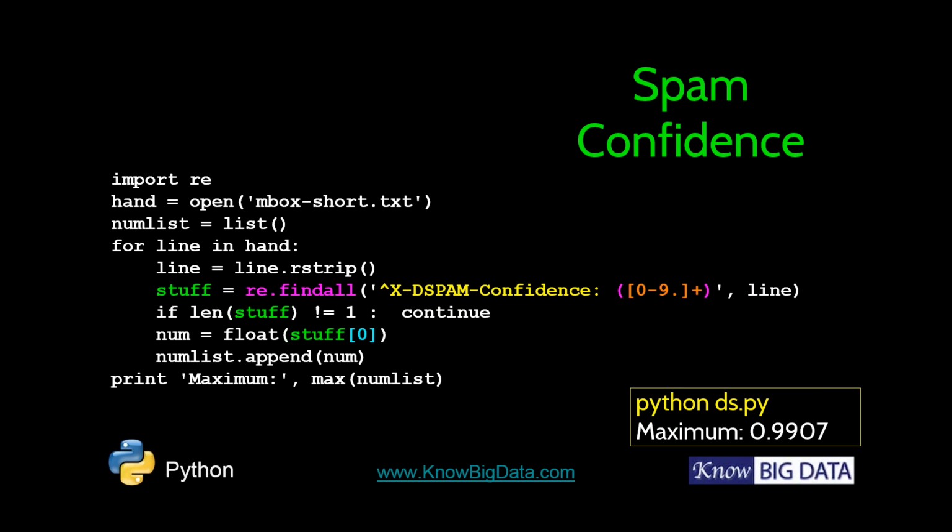So we're reading a file, and in that file we are reading all the lines, stripping the white spaces at the right side, and then figuring out the lines which start with X-DSPAM-Confidence, and then they have some numbers, right?